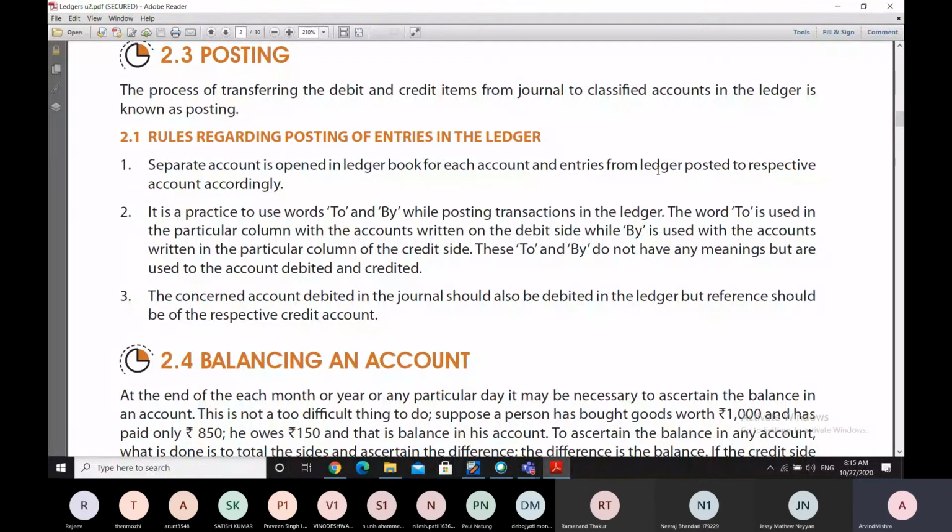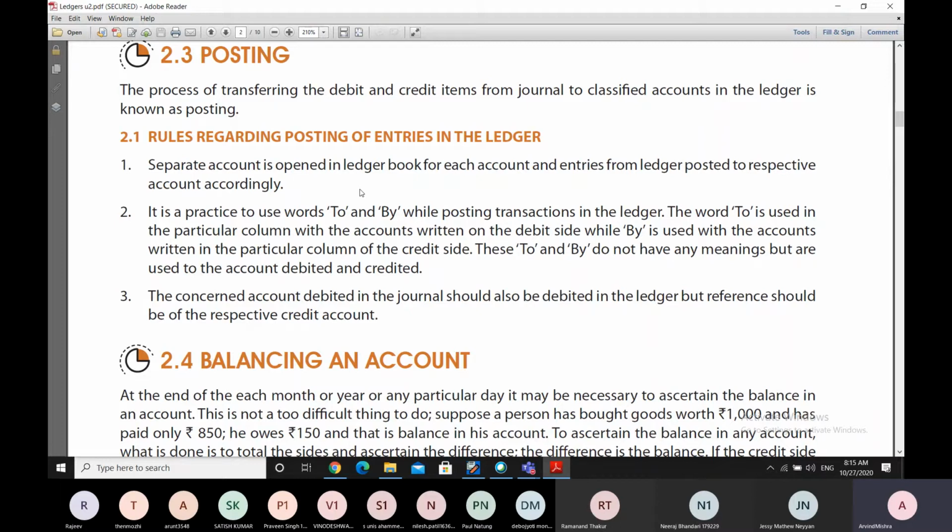The entries are taken from the journal and posted to the specific account in the ledger, because for every entry there is a respective account in the ledger, and accordingly every entry from the journal is posted to the ledger.